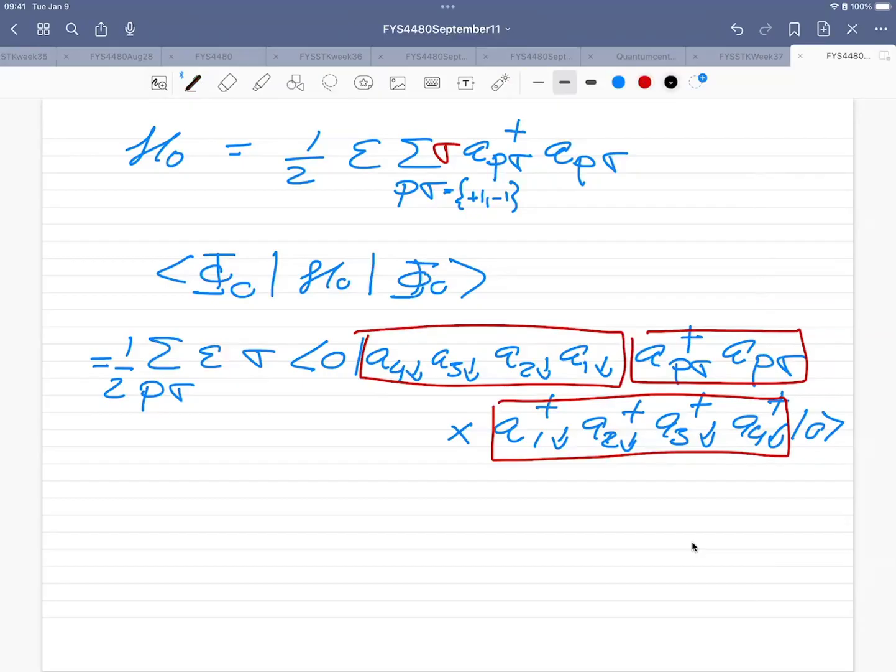Yeah. If we look at them, clearly if I have this one, then since 1 is equal to P, this one has to go to this state here. So let's just write it out and look at the different operators only.